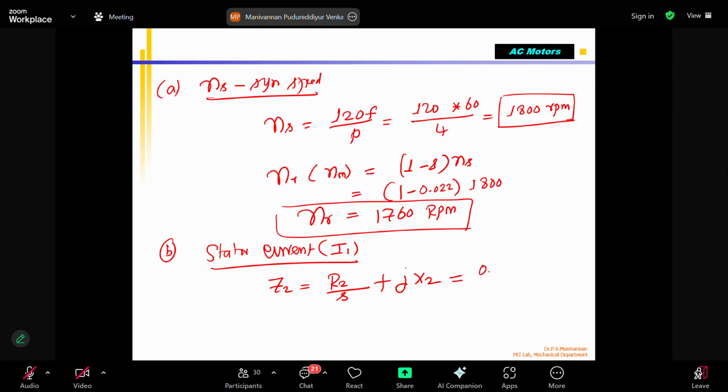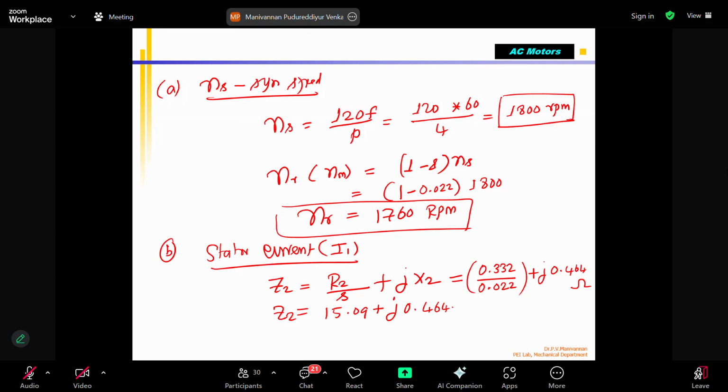It is going to be 0.332 divided by S, where S equals 0.022, that is 2.2% converted, plus j times X2, already given, 0.464 ohms. Now Z2 can be computed. Z2 is going to be 15.09 plus j0.464.